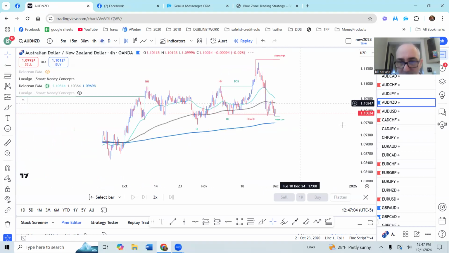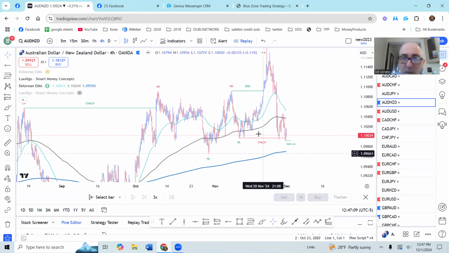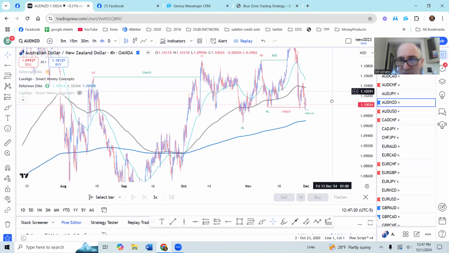If we drop down to the 4-hour, we see the same type of moving average setup here, although the 50 is starting to dip down. You will have that happen, but you could still see that the bias would be bullish as well.